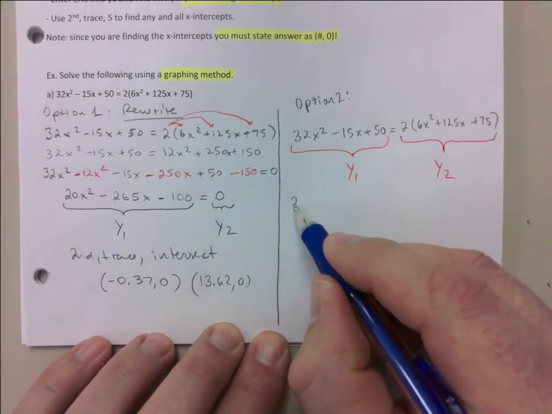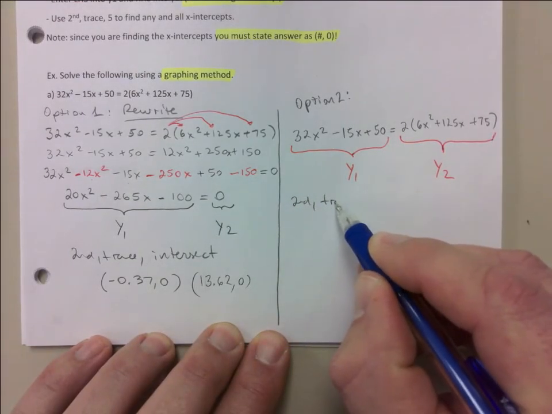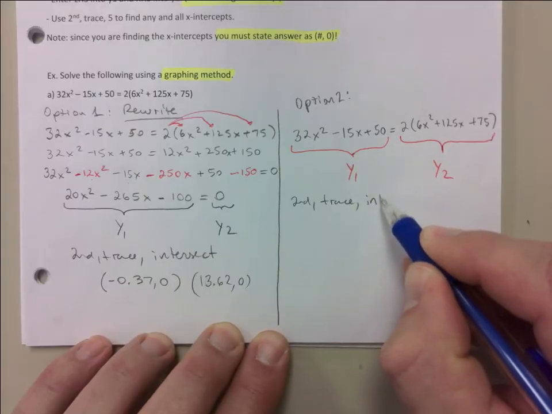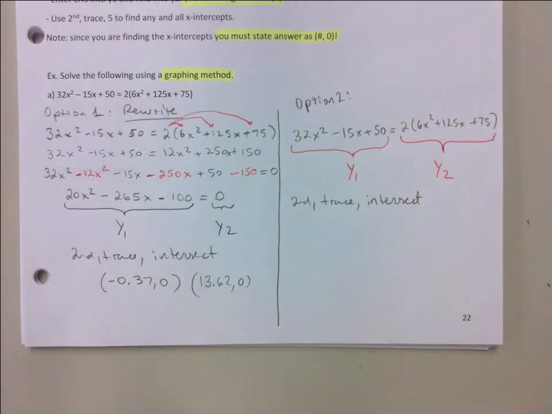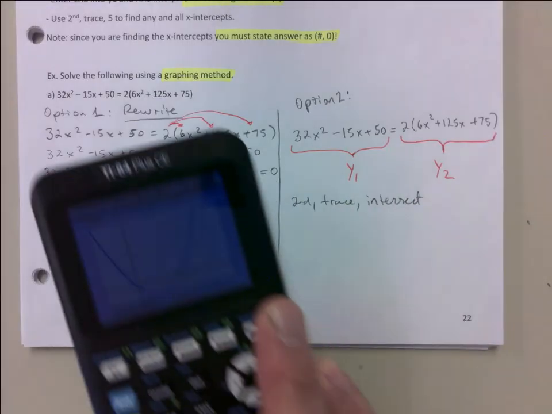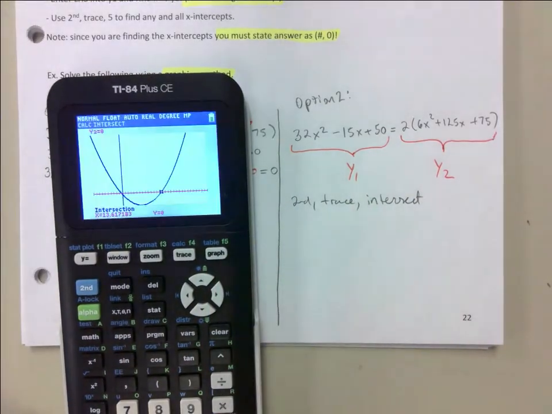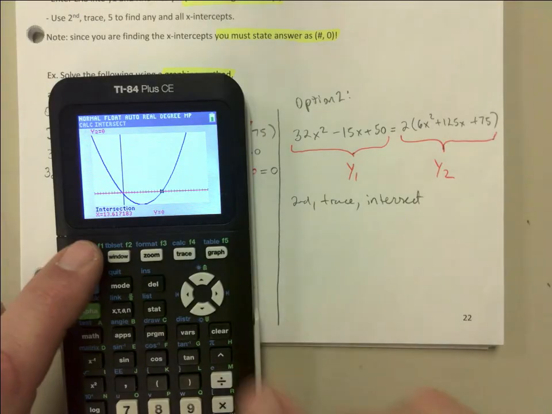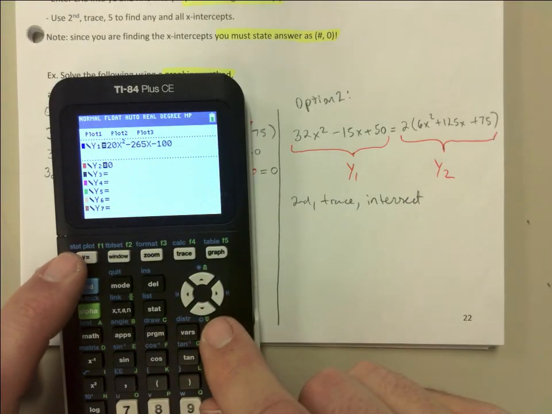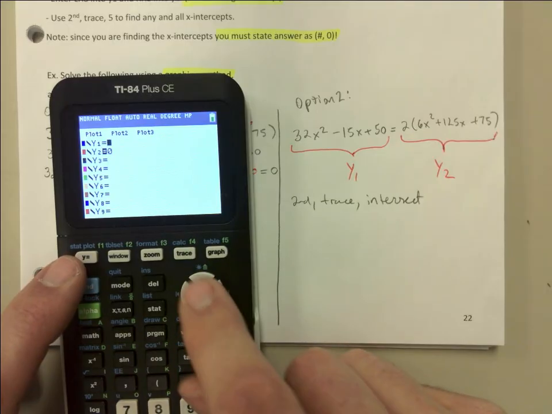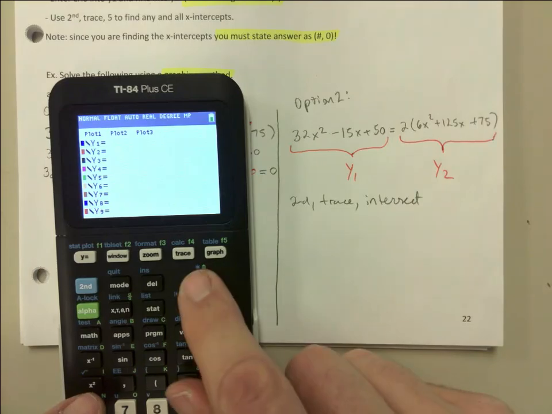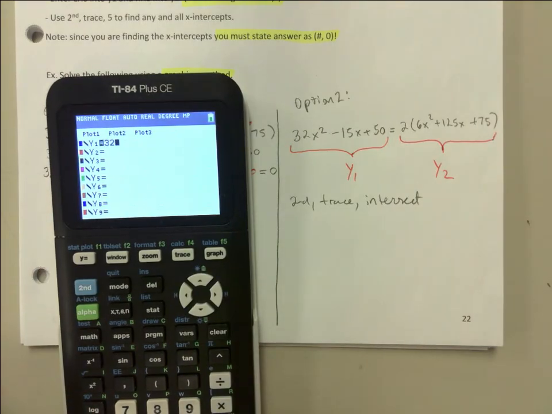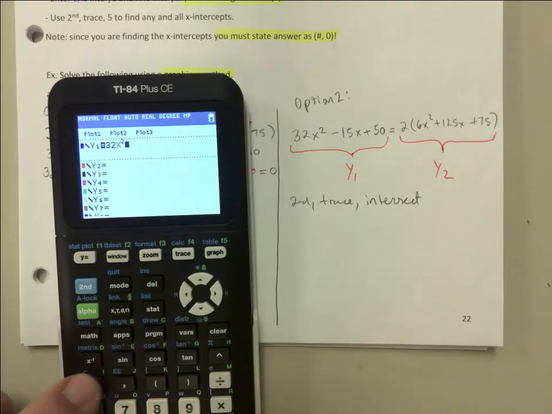And then we're going to go second, trace, intersect, and find the intersections. The challenge is going to be seeing them on the graph, but zoom fit is often really good at finding that perfect window. So let's clear everything into our y's. So type in exactly the way you see it there.